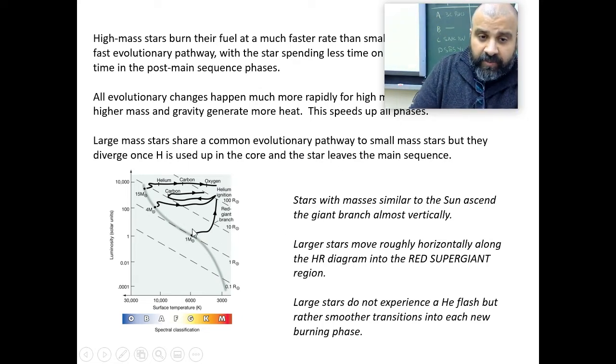Here we have a star that has the same solar mass as our sun, right? It goes up into the red giant phase, and then you have the helium flash and so on. This star here is 4 times the mass of our sun. It's already a giant star, but when it goes in towards helium ignition, it's moving this way across the Hertzsprung-Russell diagram.